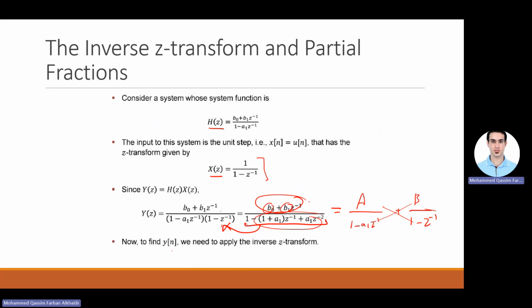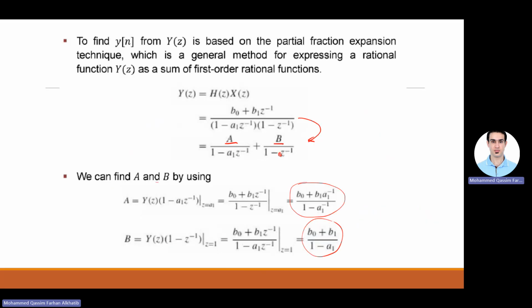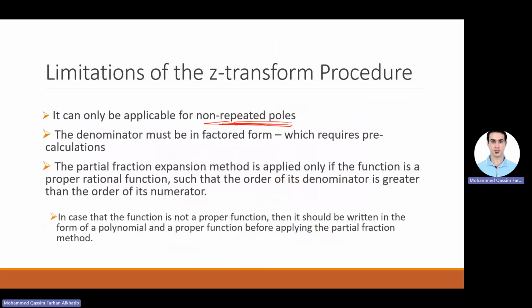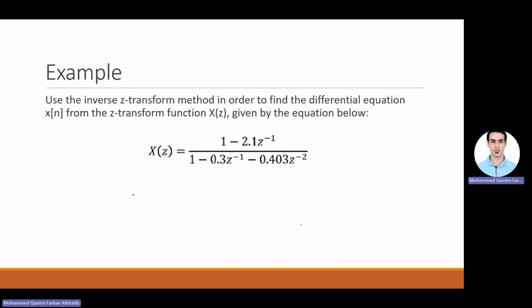If the numerator order is higher, I cannot do that. I have to do long division, get something outside, then apply the partial fraction expansion. It's not a very straightforward procedure. So if the function is not proper, it should be written as a polynomial plus a proper function before applying partial fraction expansion.